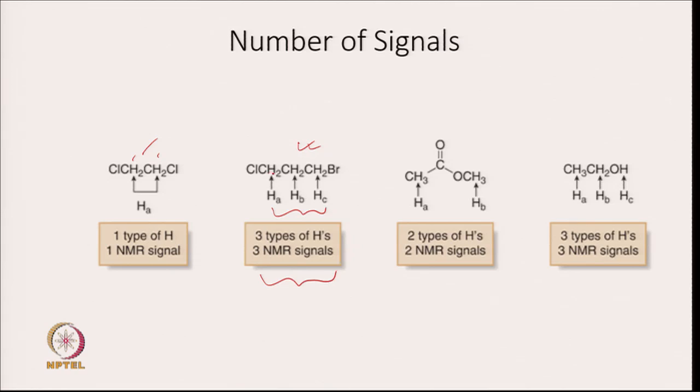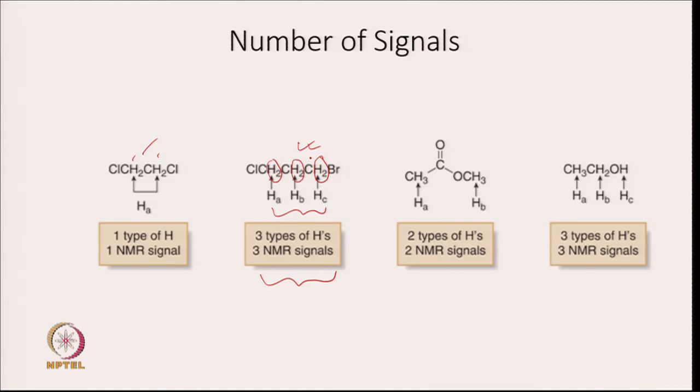You see these 2 protons are attached to a carbon which is attached to a Cl group and a carbon group, whereas these 2 protons are attached to a carbon which is attached to 2 different carbons, whereas these 2 protons are attached to a carbon which is attached to a bromo group and one carbon group.